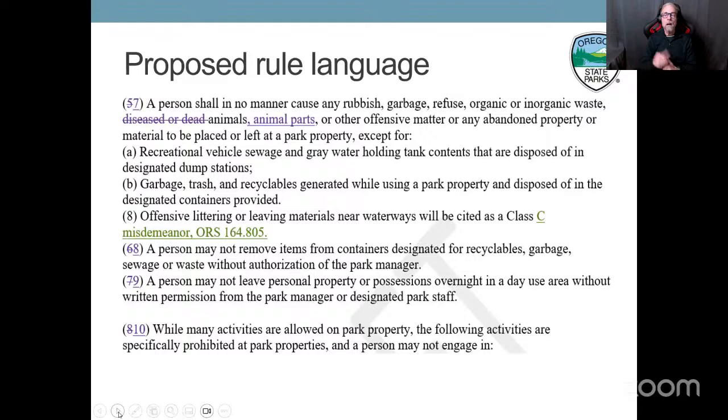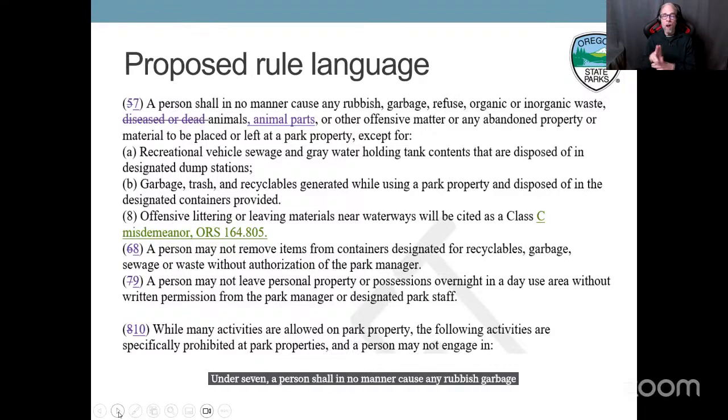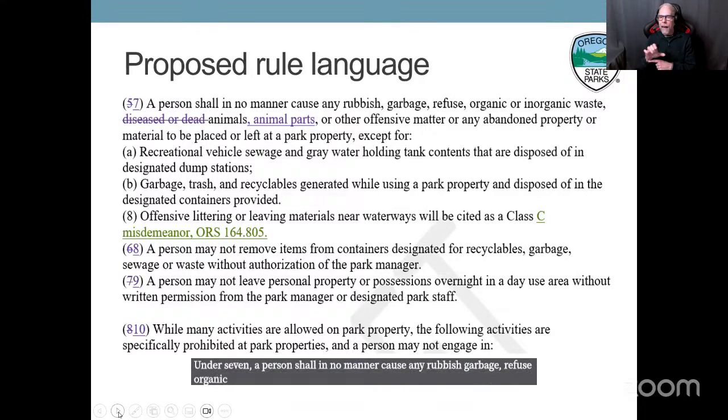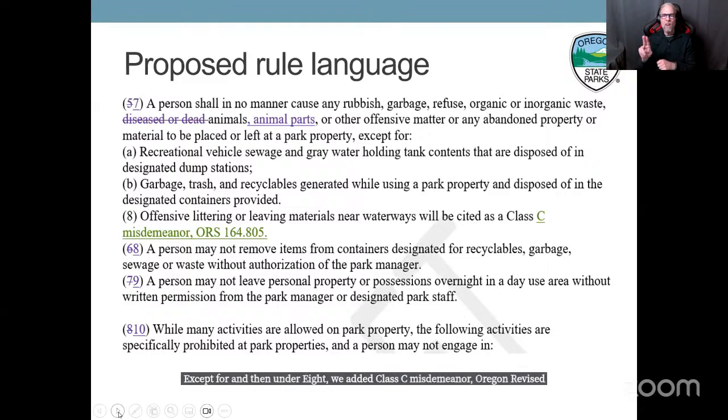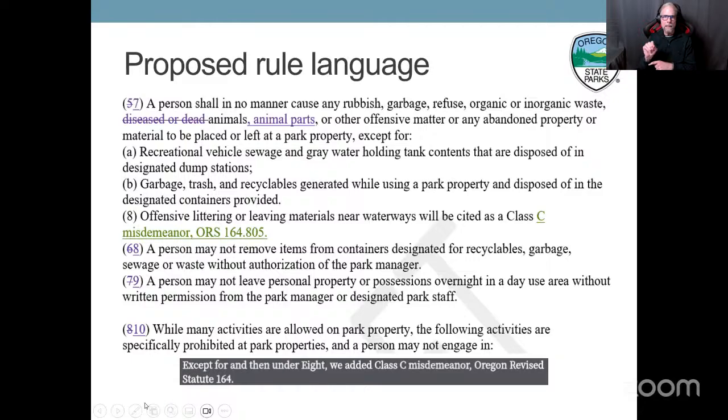Under 7, a person shall in no manner cause any rubbish, garbage, refuse, organic or inorganic waste, animals, animal parts, or other offensive matter or any abandoned property or material to be placed or left at a park property, except for, and then under 8, we added Class C misdemeanor, Oregon Revised Statute 164.805.